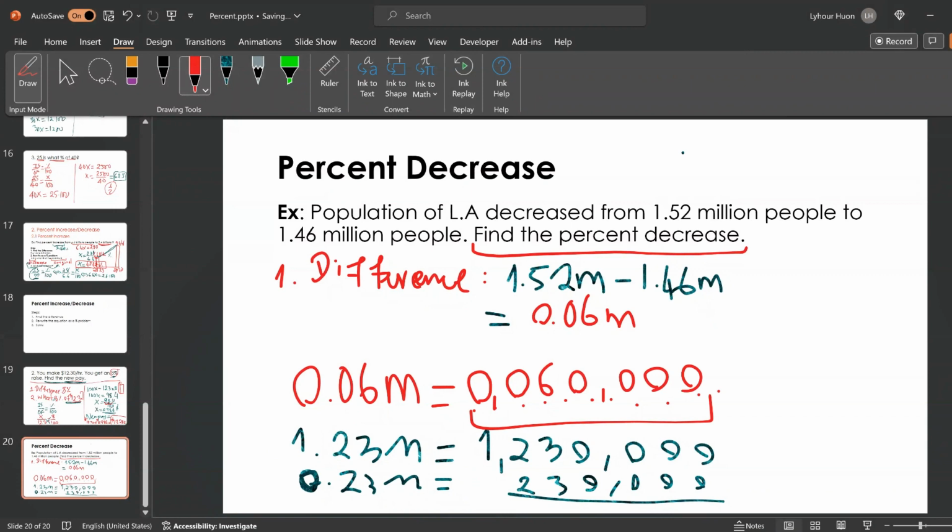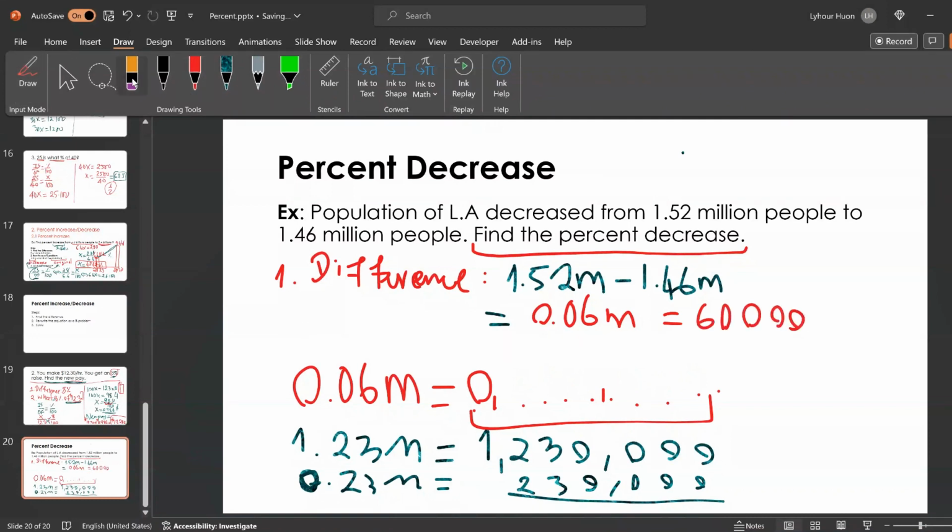I don't know if it's right or wrong. I'm confused. 0.06 million. Or, in another way, if you're not quite sure, let's say this is 60 million people. Another way we can do it like this.